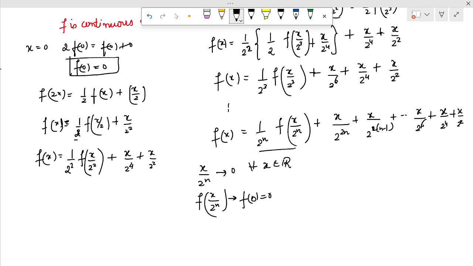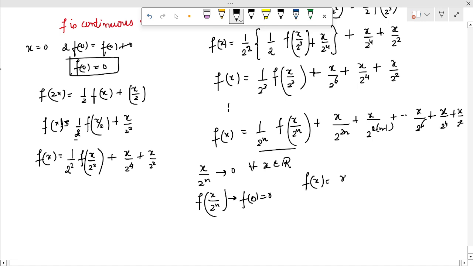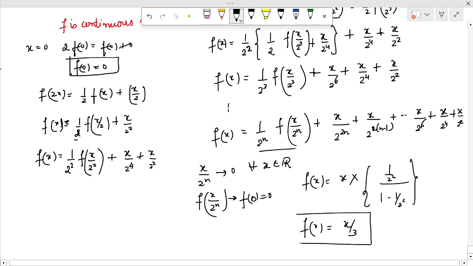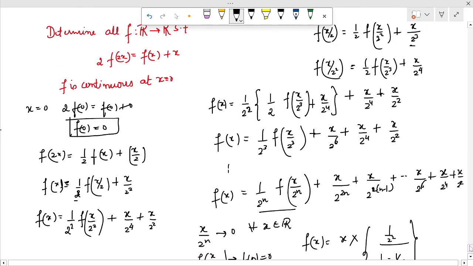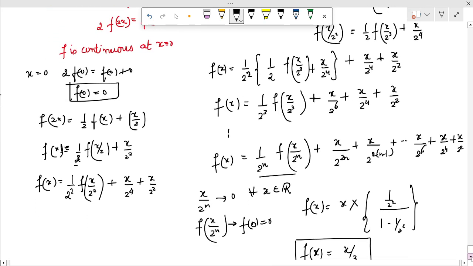So as n tends to infinity, this converges to 0, and f of x will be equal to x into 1 upon 2 square over 1 minus 1 upon 2 square. Certainly, f of x will be simply equal to x upon 3. So this particular linear function x upon 3 satisfies this functional equation, given that it is continuous at x equal to 0.